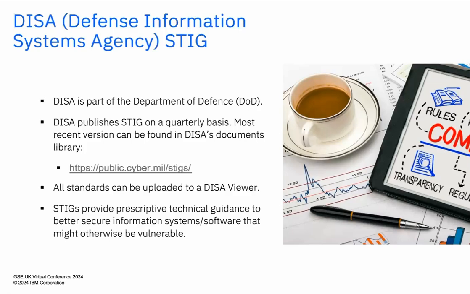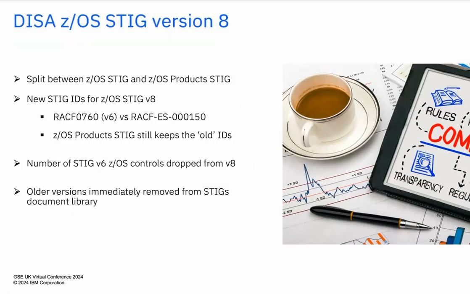Okay, so this is about DISA and the standards that they publish. This is what is new in 3.10. Back in the older versions, in version 6, they had one package that contained the z/OS STIG and the z/OS product STIG. Now they have decoupled it, and they have different z/OS STIGs and different standards for the products.